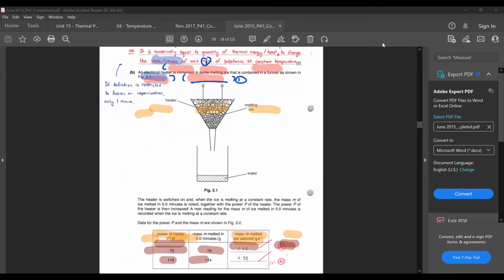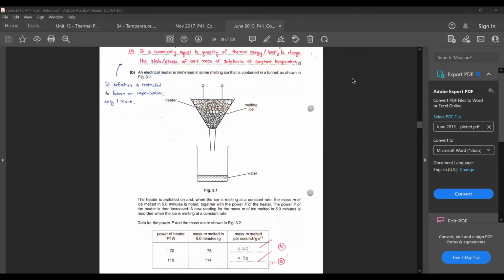Now for this particular case, some things to note. They mentioned to you that the heater was switched on and ice is melting at a constant rate. Remember just now in the notes, I mentioned when you try to boil your liquid when conducting the experiment, you only really start collecting the mass after you've reached constant boiling rate. In your current case, when you're melting this ice, you're doing something similar.